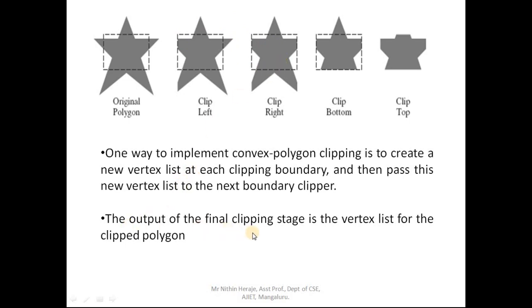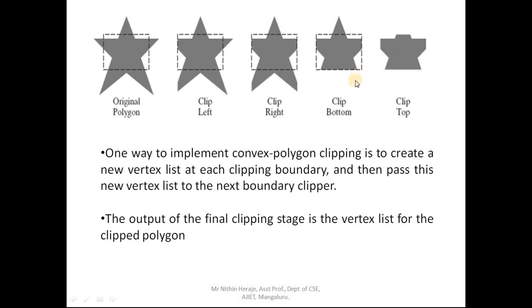The last one, the output of the final clipping stage is the vertex list for the clipped polygon. That means, say this is your final polygon. The new vertex list will be these: 1, 2, 3, 4, 5, 6, 7, 8, 9, 10, 11 and 12.